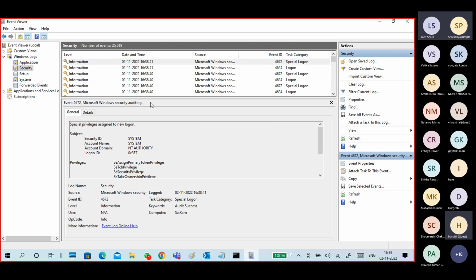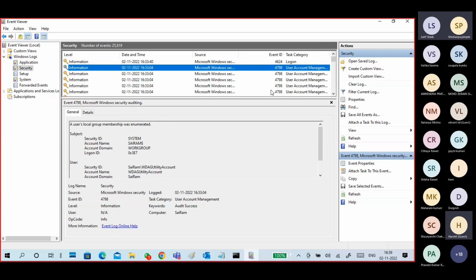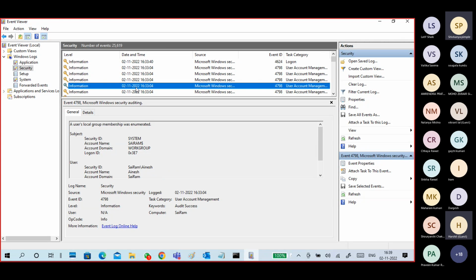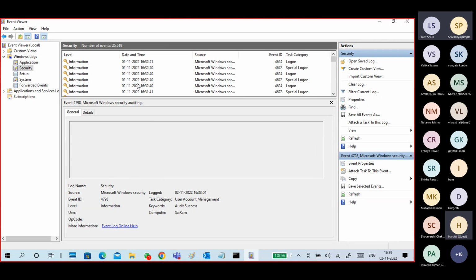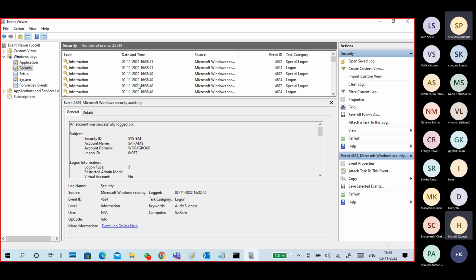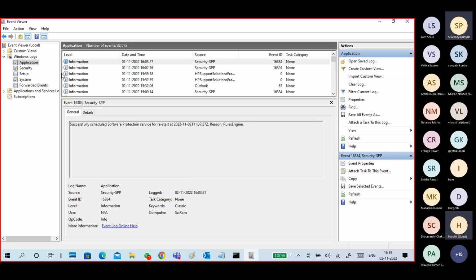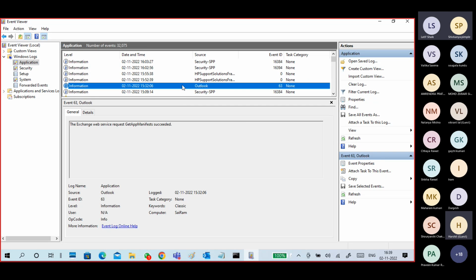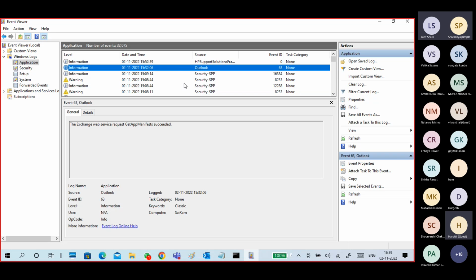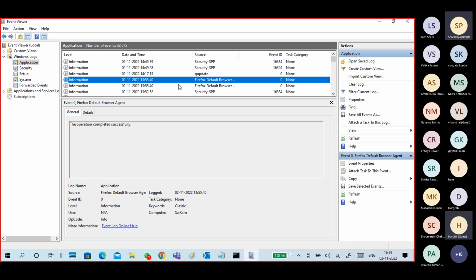Security is all about login. If you open any application, it involves user account management, user account control, access permissions and verifications. Both login, logout and opening applications using special permissions come here. Applications, again the same: Outlook related applications, setting up applications, managing that stuff.